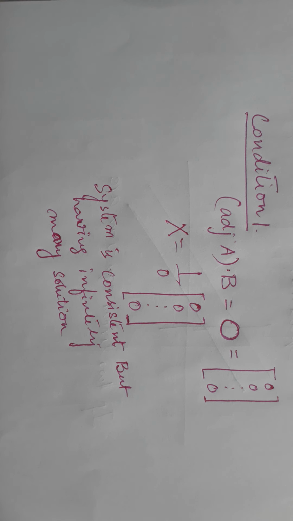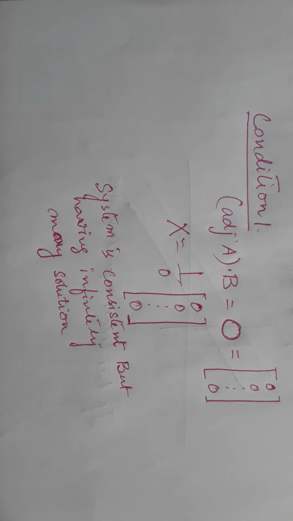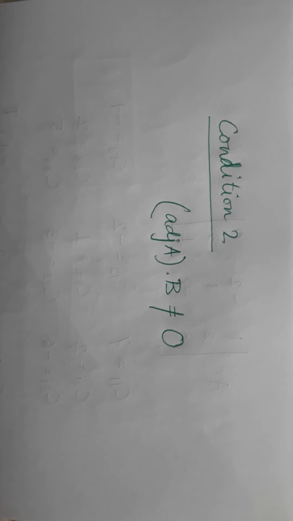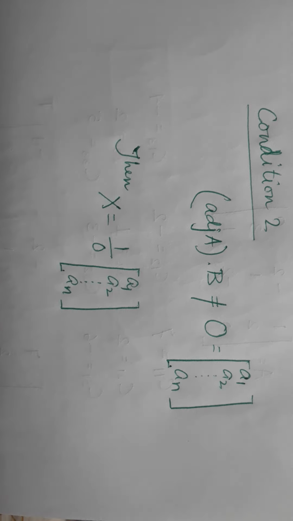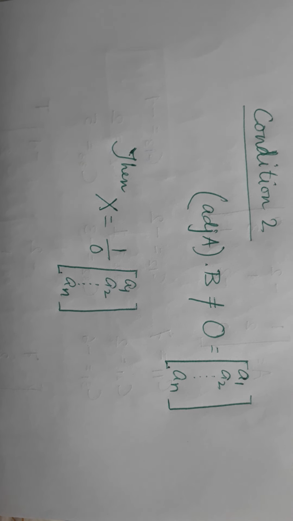So in that case, the system will be consistent and it will have infinitely many solutions. Now the second condition is if adjoint A into B is not equal to the null matrix. That is, if the matrix is of this form, where at least one of the elements A1, A2 and so on up to An is non-zero, then the solution matrix X will become 1 by 0 into A1, A2, dot dot dot An.